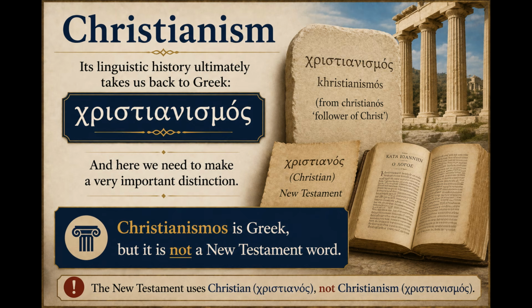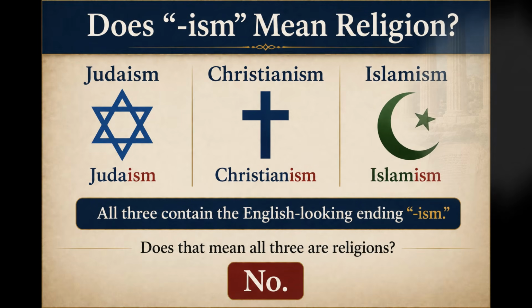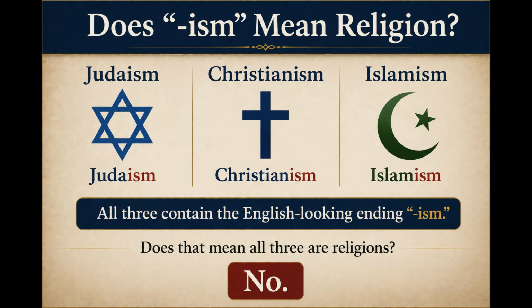Now we encounter another important question. Does "ism" mean religion? We have Judaism and Christianism and Islamism. All three contain the English-looking ending, "ism." Does that mean all three are religions? No. The suffix "ism" can be used for a system, doctrine, movement, practice, ideology, or body of thought.